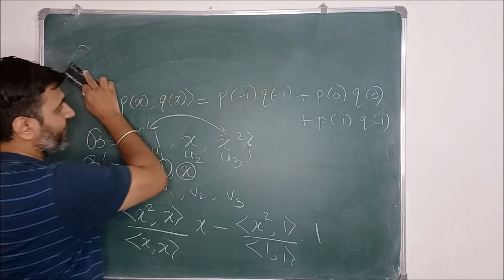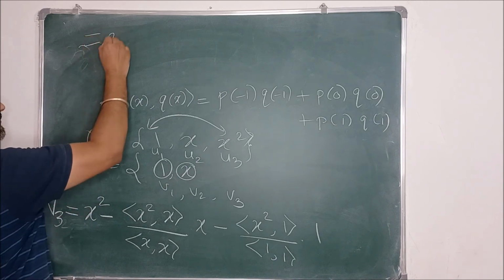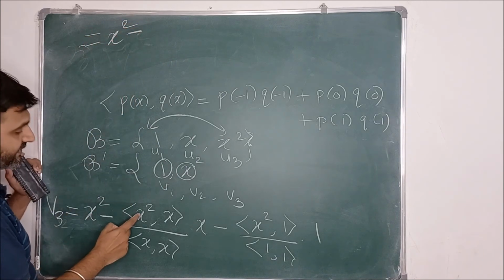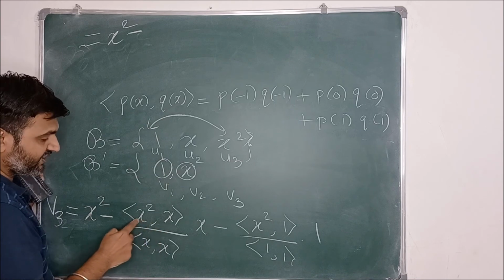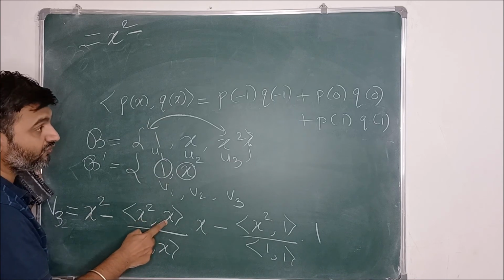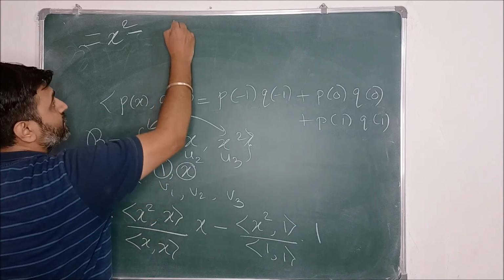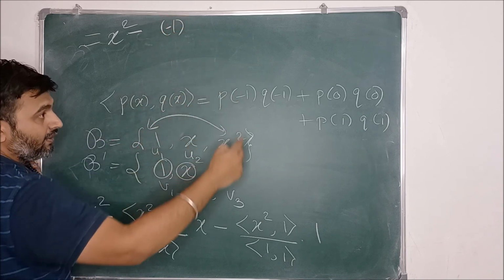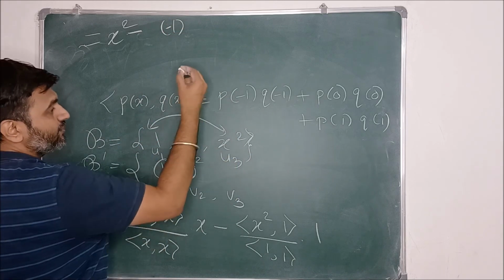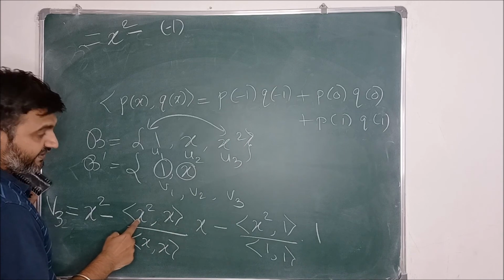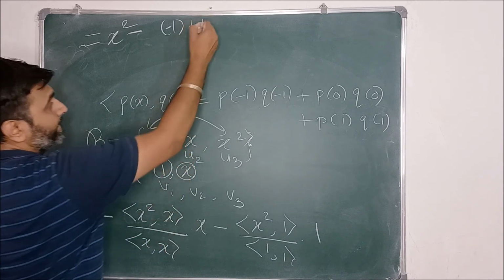Now let's try to find this. P is x square and Q is x. What is P of minus 1? 1. Q of minus 1 is minus 1. So 1 into minus 1. P of 0 is 0, Q of 0 is 0. P of 1 is 1, Q of 1 is 1.